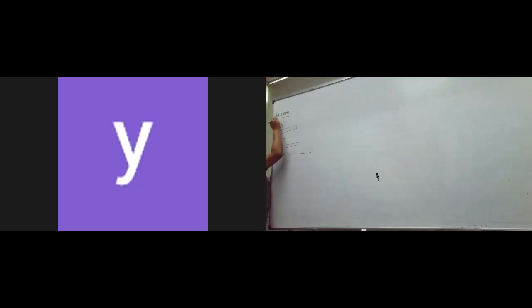Example, this is colors. This is about students. Example 2, 4, 6, 8, 10, 12, 14, 16.